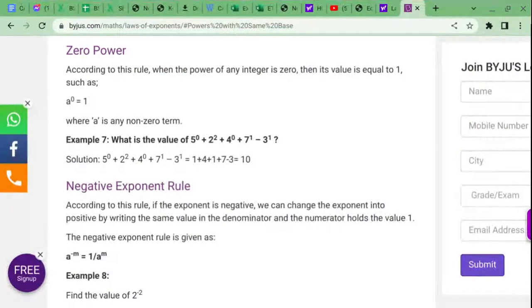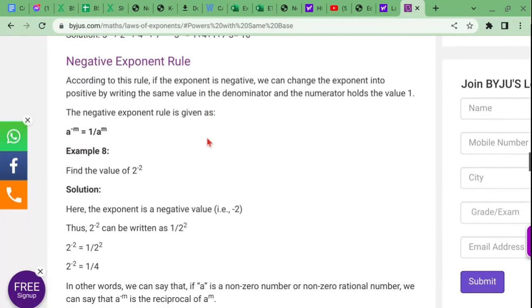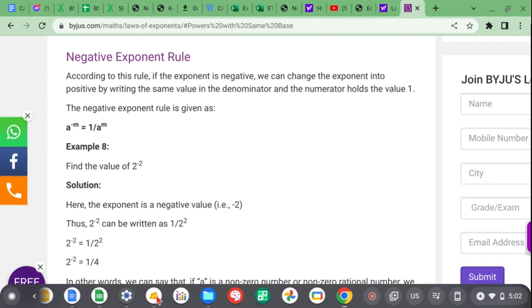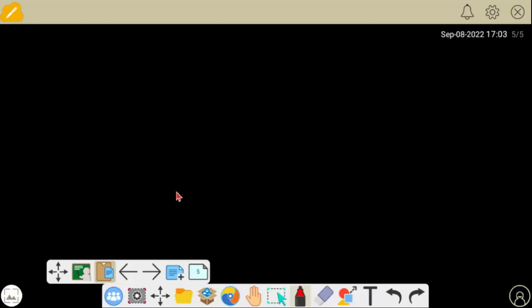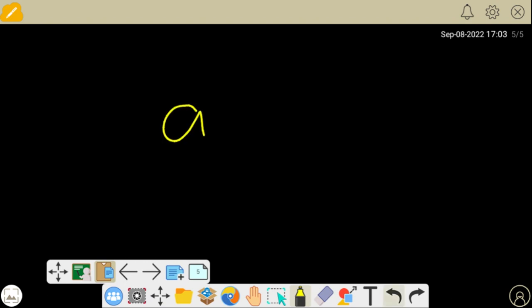Next, the negative exponent rule. If we have a, let's say a raised to negative 2, we are going to use arbitrary letters.